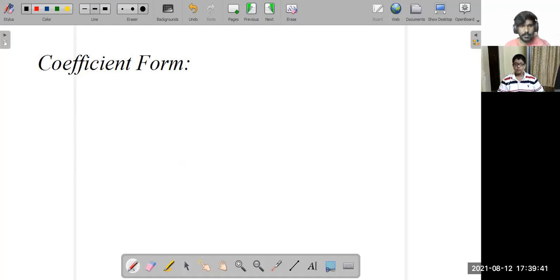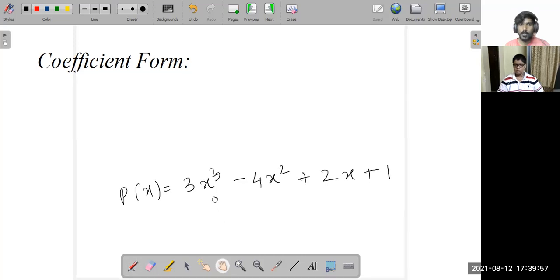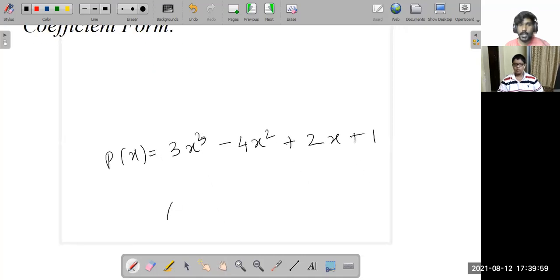For example, if you have the polynomial 3x cubed minus 4x squared plus 2x plus 1. Now pick up the coefficients of each term. What is the coefficient of x cubed? 3.